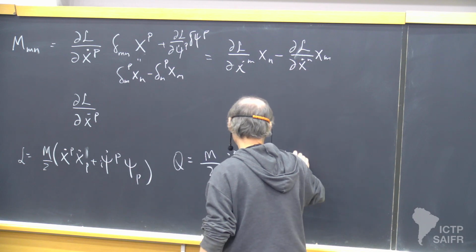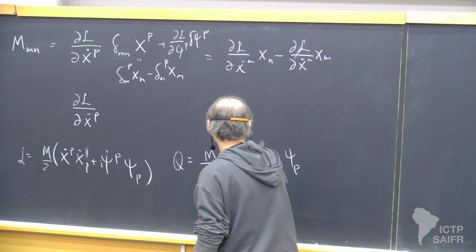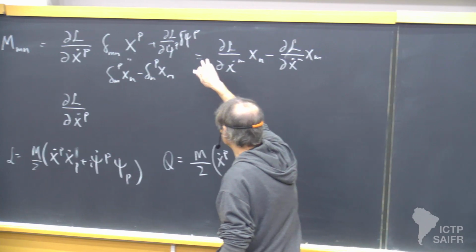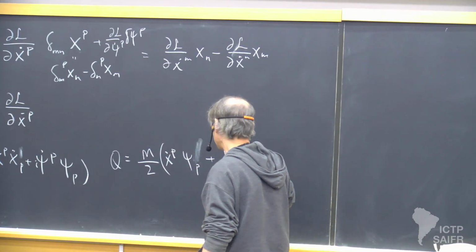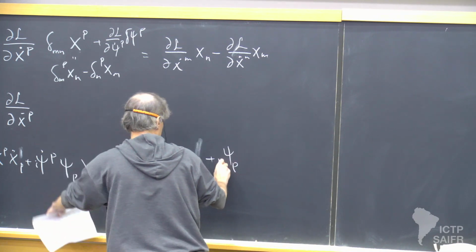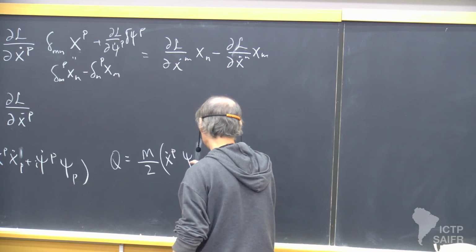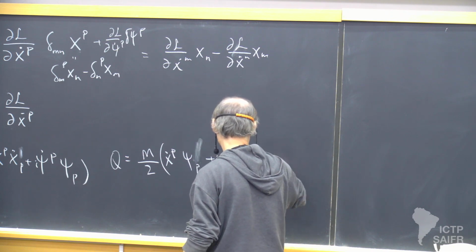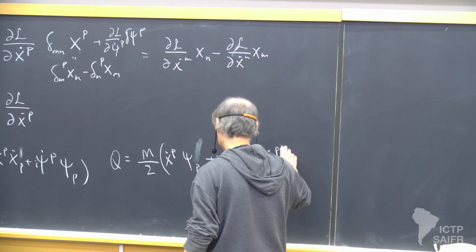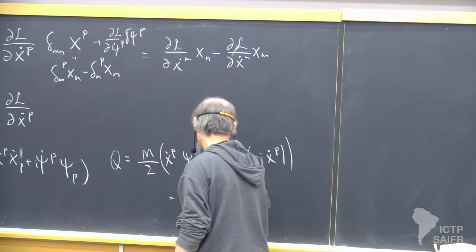So you get psi P. And then delta psi P was equal to something like I X dot, right? So there was an I coming from here. And there's probably, the two should add in any case. So I'm not promising the signs. But so this is just going to be M X dot P psi P.